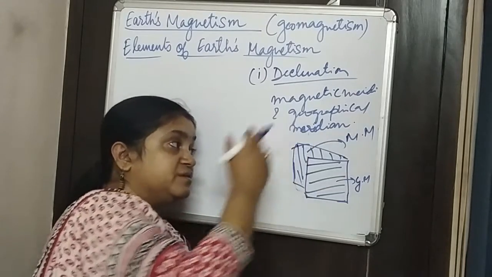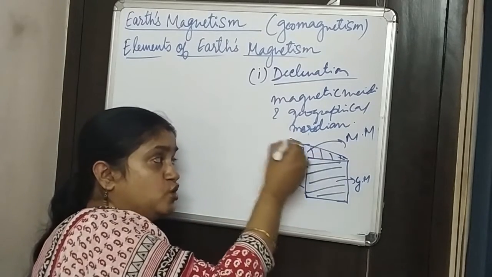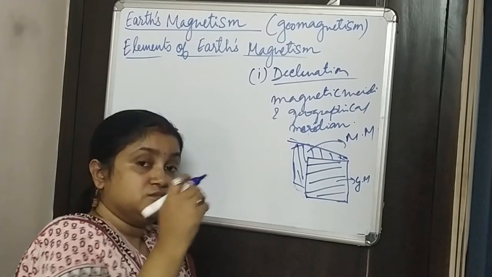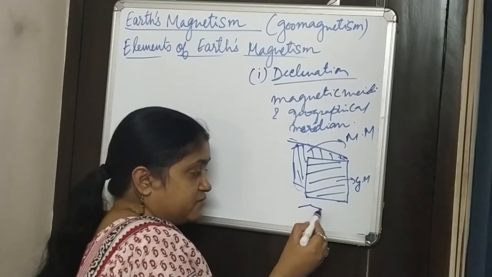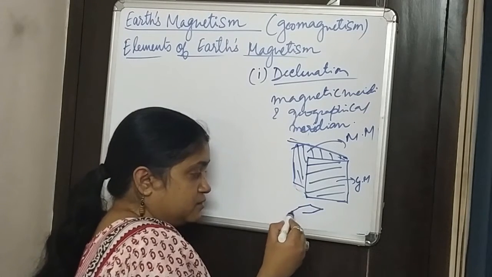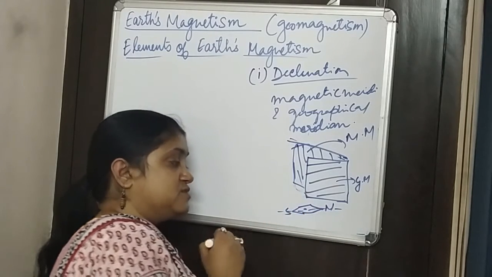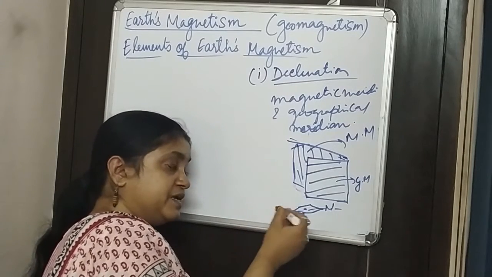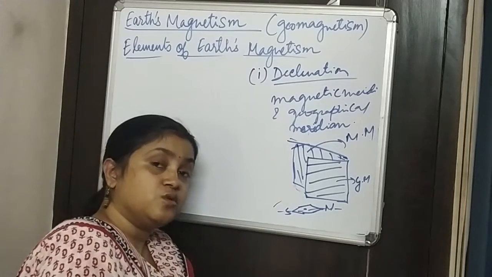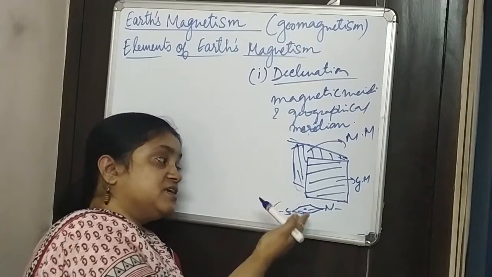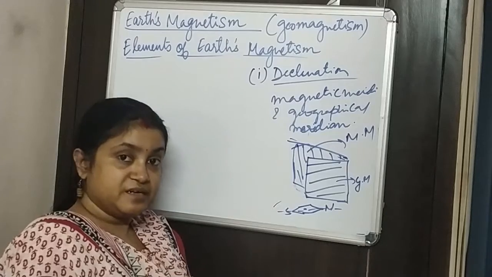The magnetic meridian is also the plane where the north and south of your magnetic needle will come to rest. Suppose this is your magnetic needle coming to rest, with this as north and this as south. The plane joining these is also called the magnetic meridian. Or you can say that a magnetic needle will come to rest in the magnetic meridian plane.